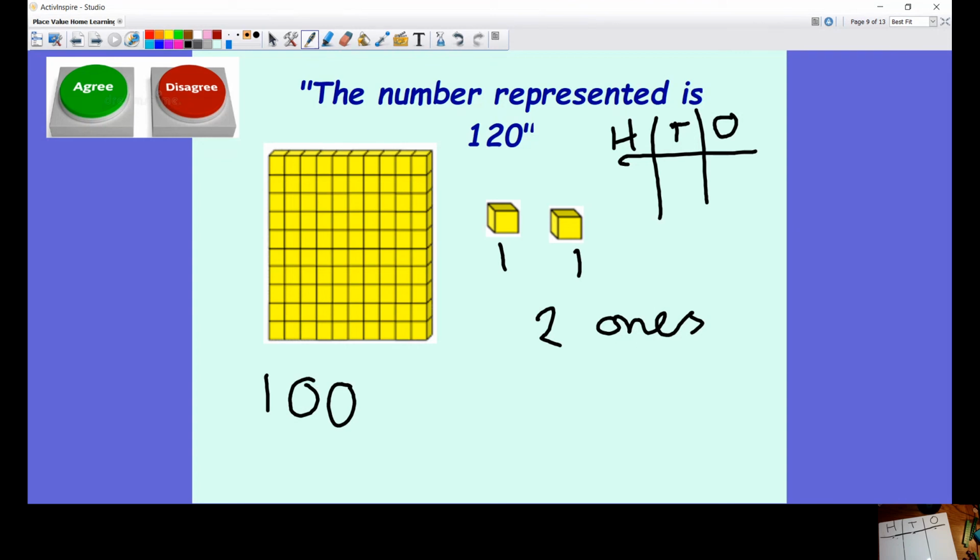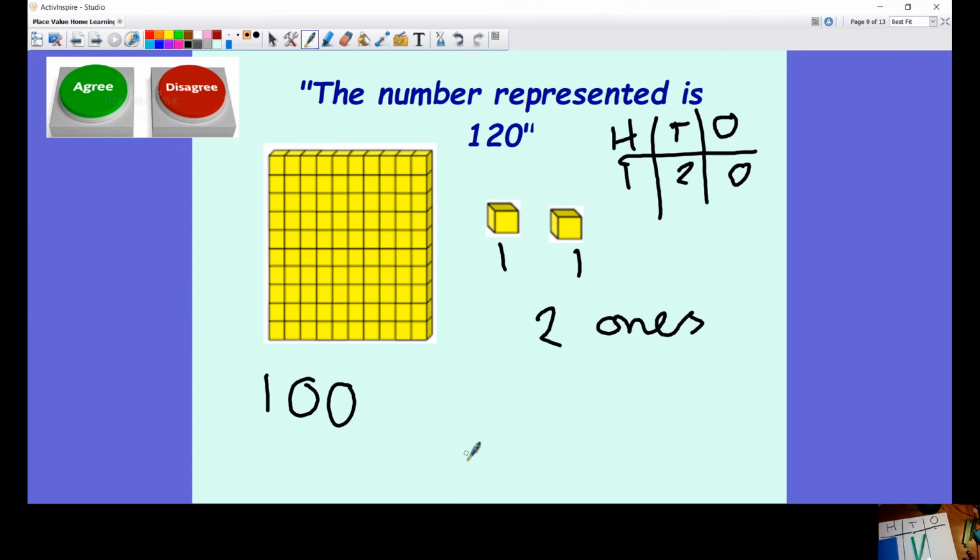So we're looking for the number which is 120, which is 100, so one of these blocks, and 2 10 sticks. Remember, our 10 sticks are our long, skinny, chip-like ones.